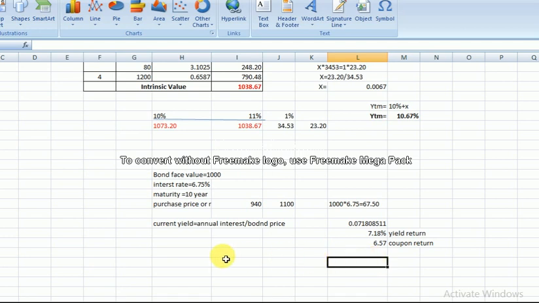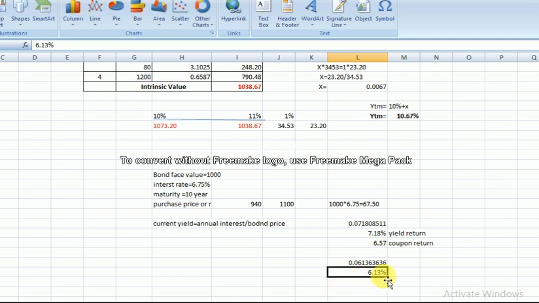But in the second case, if instead of 940 we apply 1100, our yield return will decrease. Here 67.5, our coupon return, divided by the purchasing price of 1100, now on a premium price, shows 6.13%.